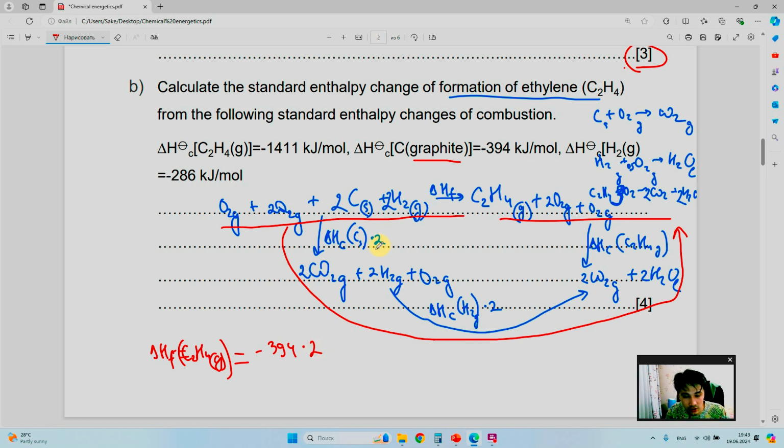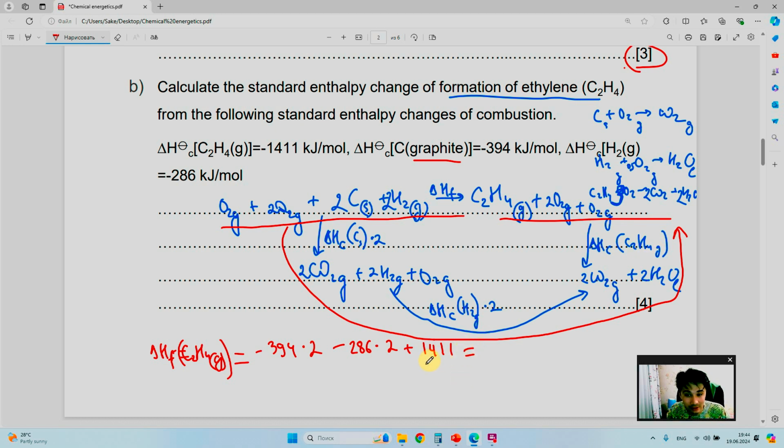Don't forget about these coefficients. Then in this case it also aligns with our direction. Combustion enthalpy of hydrogen is minus 286 multiplied by 2 again. And lastly, here you see this arrow is not aligning with our direction, so we need to take the combustion enthalpy change of ethylene with opposite sign. So it must be plus 1411 kilojoules with no coefficients. As you see, we have 1 mole here only.